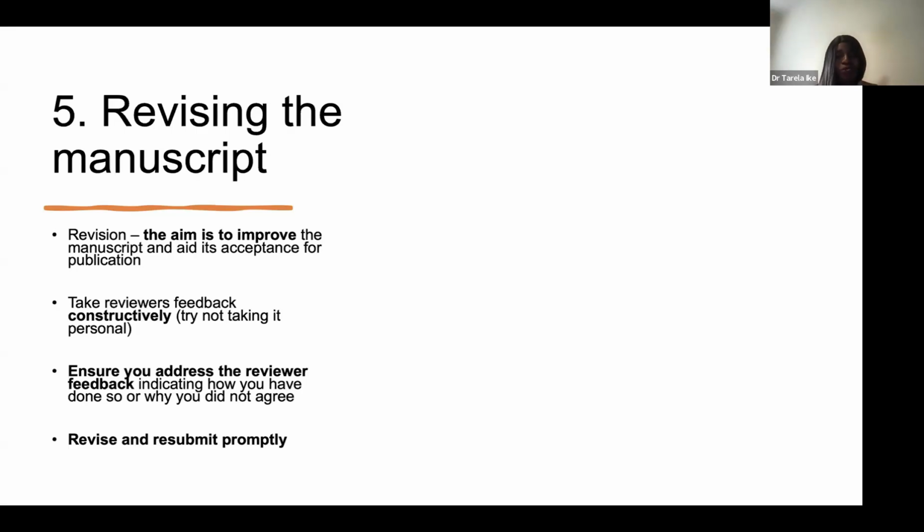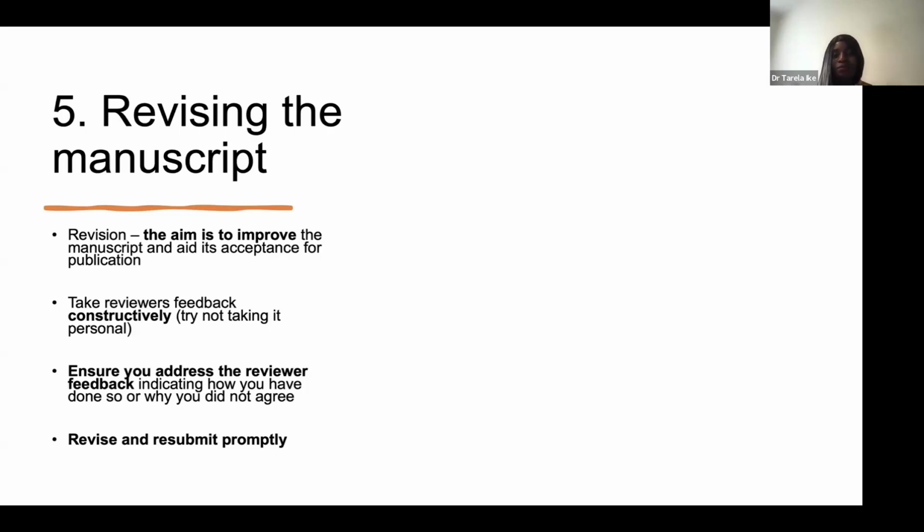And then once you do that, it becomes really easy for you to start navigating how you're going to approach the reviews. I've seen some feedback from reviewers that is like 3,000 words. So if we are now telling the authors to revise the manuscript based on 3,000 words of feedback, that's already off-putting.